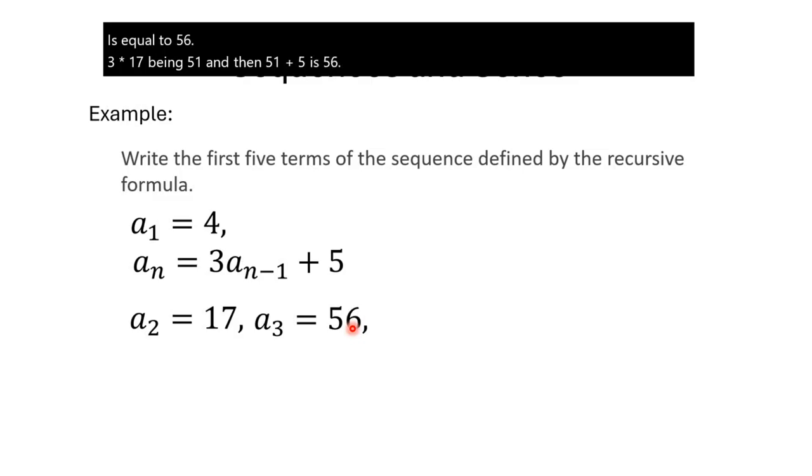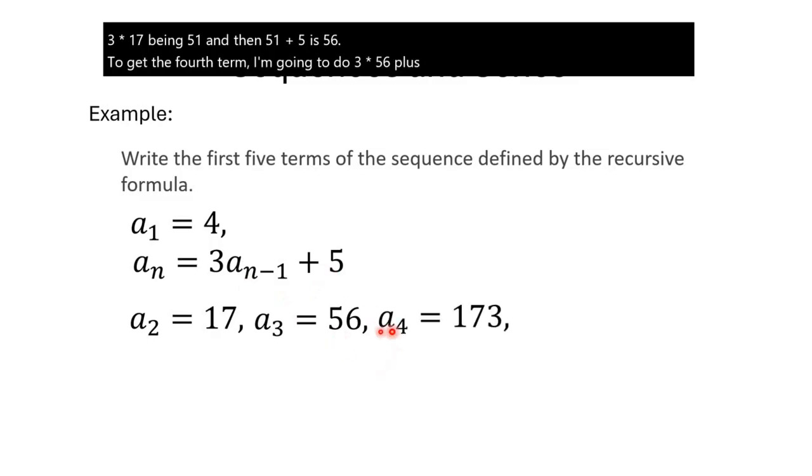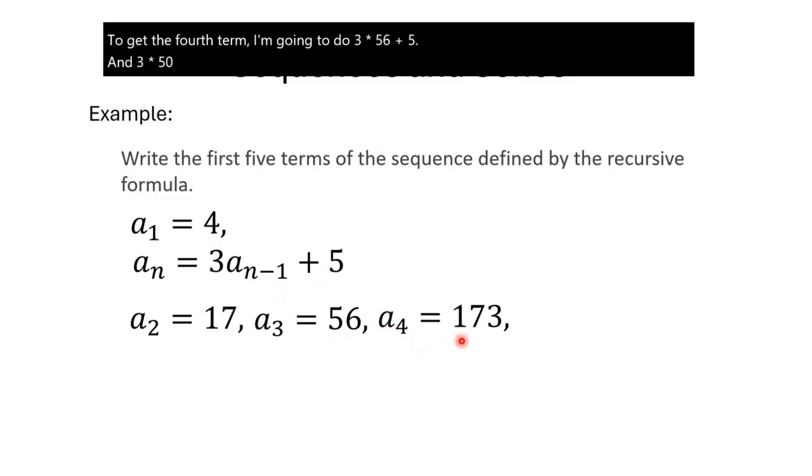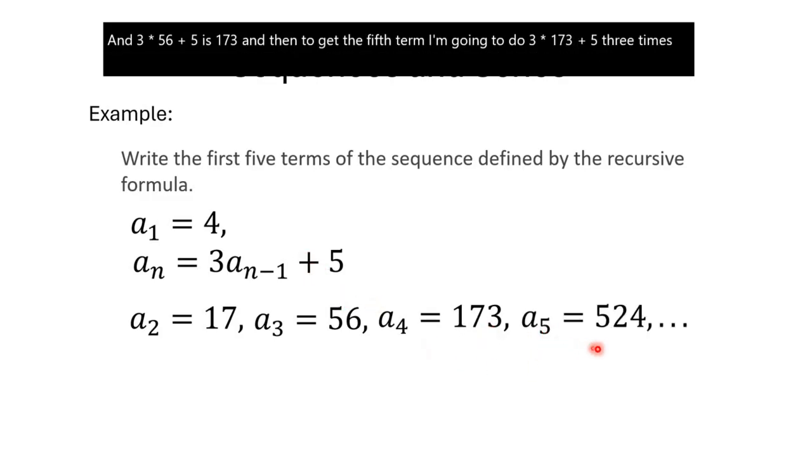To get the fourth term, I'm going to do 3 times 56 plus 5, and that is 173. And then to get the fifth term, I'm going to do 3 times 173 plus 5, which is 524.